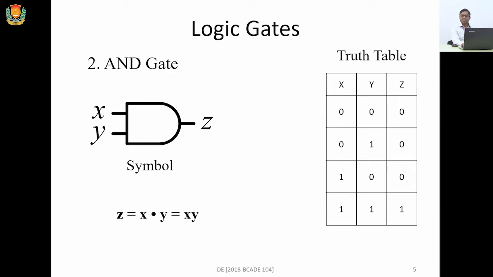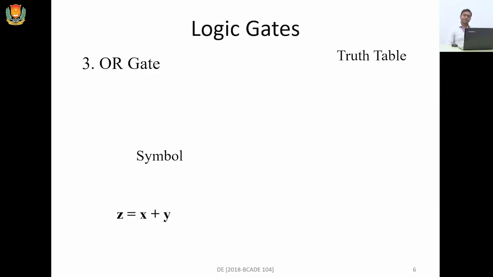Okay, let's move to the third logic gate. The third logic gate is the OR gate. The symbol for this logic gate is a little bit similar to the AND gate, but it is also a little bit different.